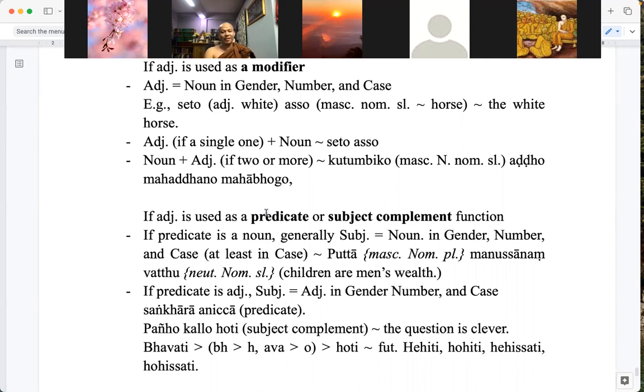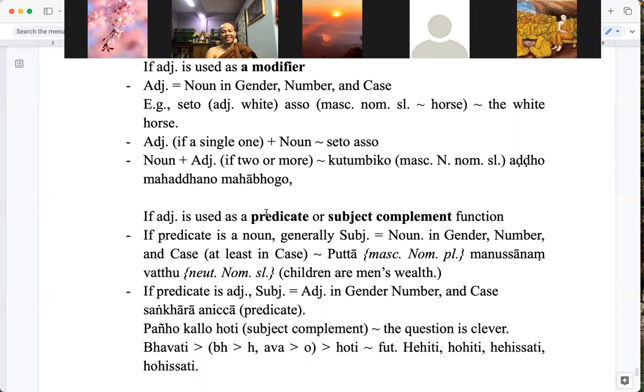But the situation here is that Anicca is one adjective only, yet it stands after the noun Sankhara. And the point here is that the function is used as the predicate, not as a modifier. Exactly. So that's why it stands after the noun, even though it's just one adjective only.